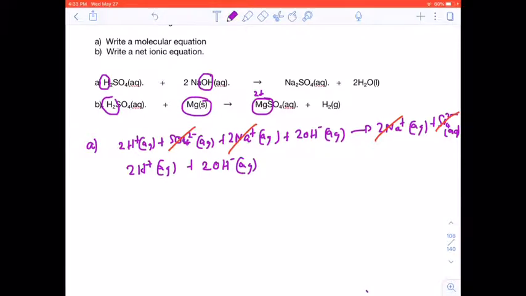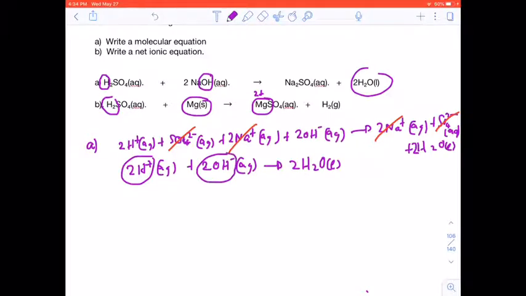And what does that give us? I forgot to put that. And that's plus H2O liquid, 2 of it. So it then gives us 2H2O liquid. Right, so essentially your acid-base reaction is the H plus of the acid and the OH minus of the base, right, gives us water.